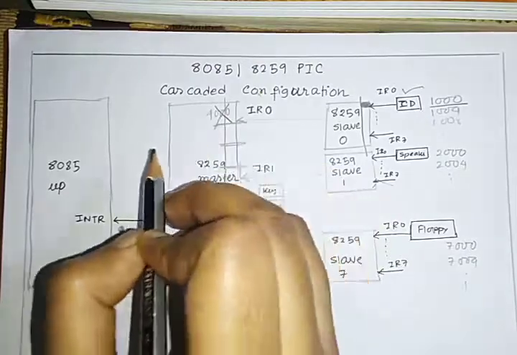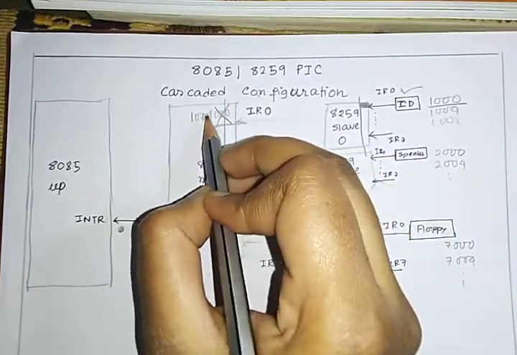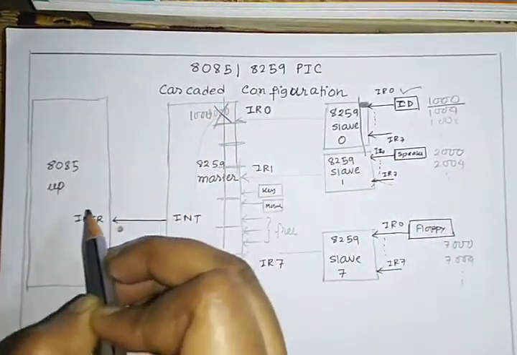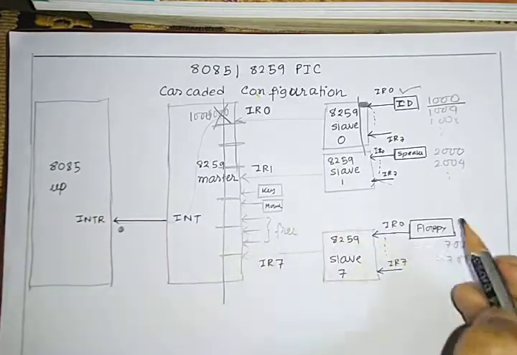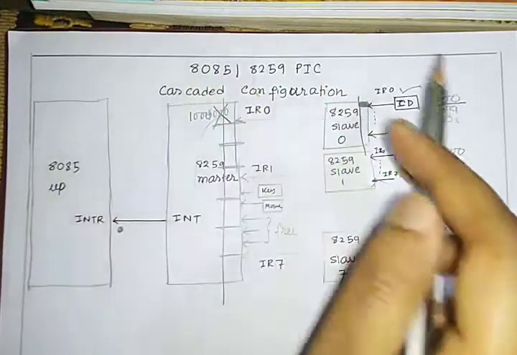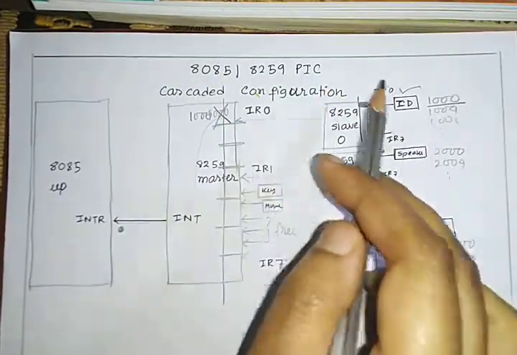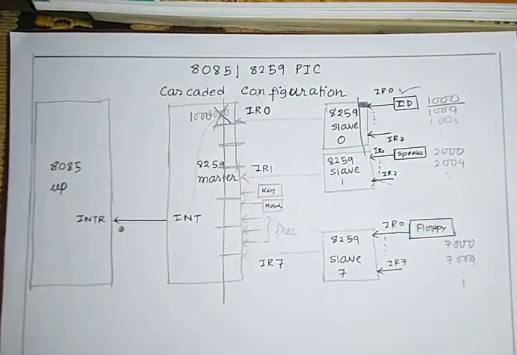This is not required by the MPU. I need address 1000, and then I will produce the 3 INTA bar signals to get this ISR address, and then I will execute your interrupt.